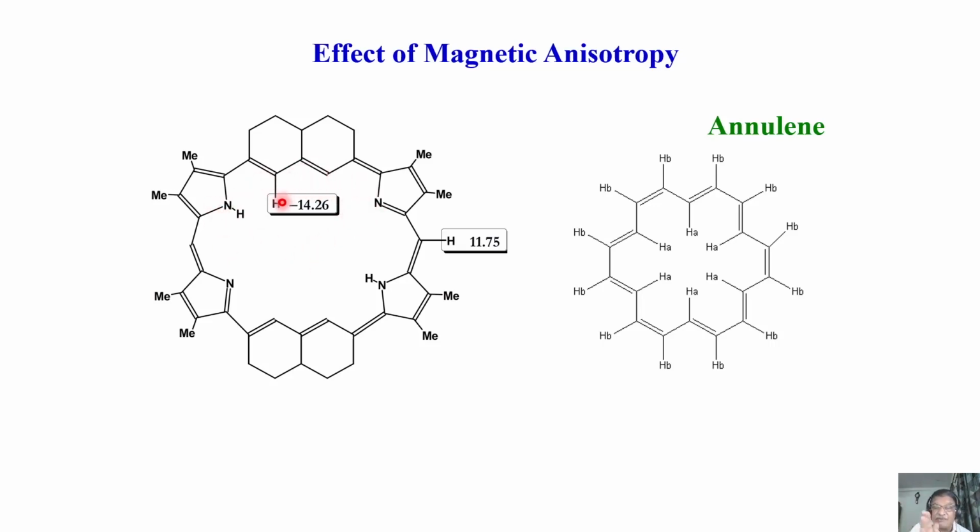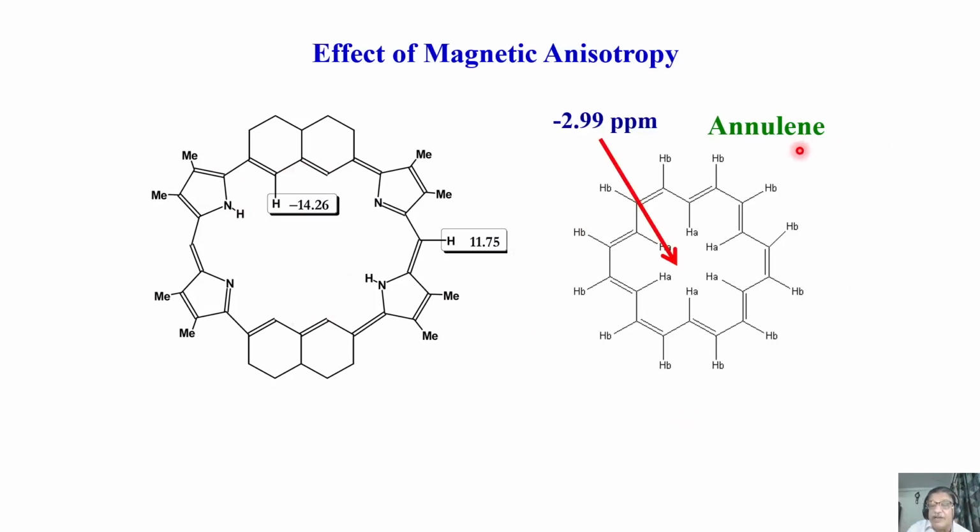Remember, much higher field than TMS. TMS is 0, and this is much higher field than TMS, while the other is much lower field. See, the chemical shift difference between the internal proton and the peripheral proton is nearly 25 ppm, just because of how the charge is distributed inside and outside.